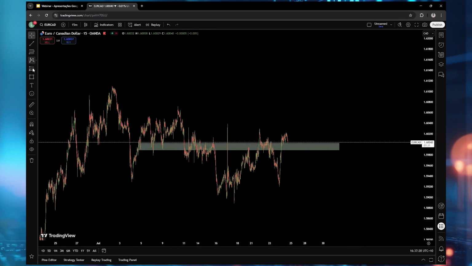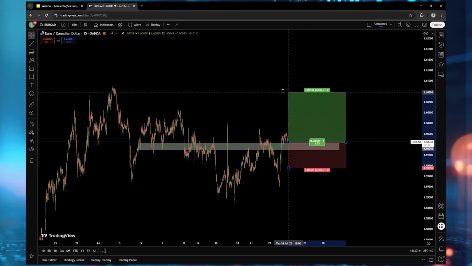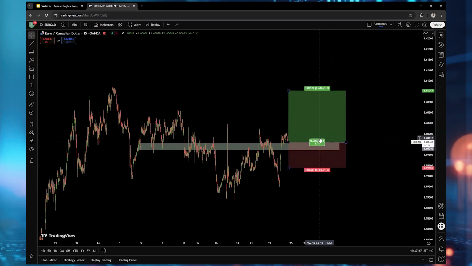So my entry would be right at the market. Stop loss would be below this little wick here, and my take profit would be at 1.61. So we're looking for 97 pips take profit, 48 pips stop loss, and that's pretty damn good.